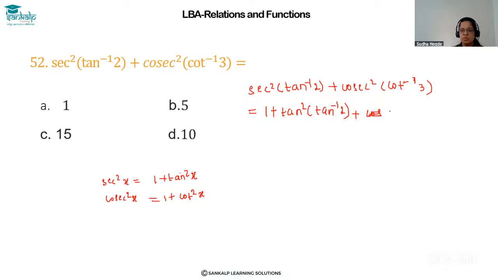You can write this as 1 plus cot square of cot inverse 3. Okay. So 1 plus 1, 2.